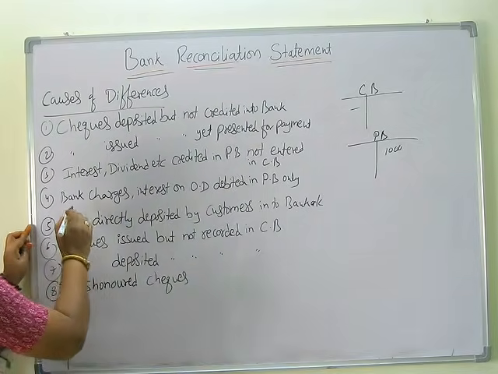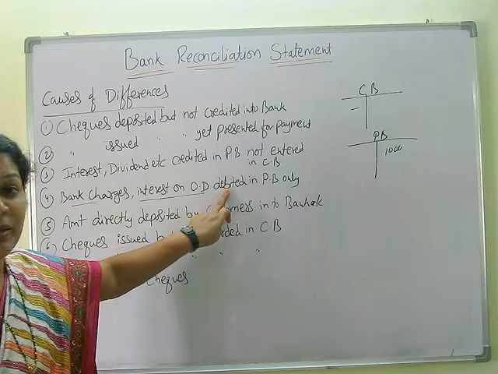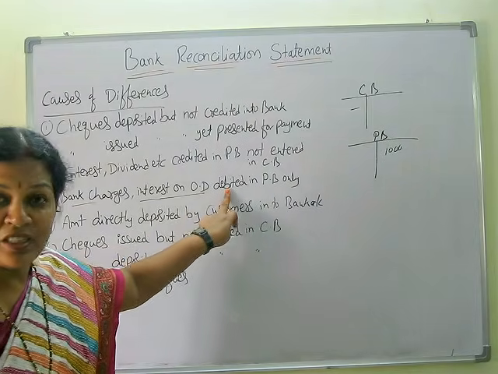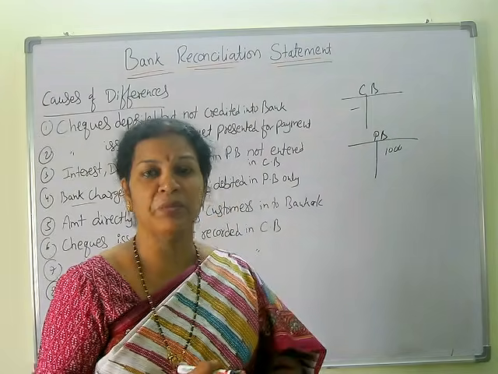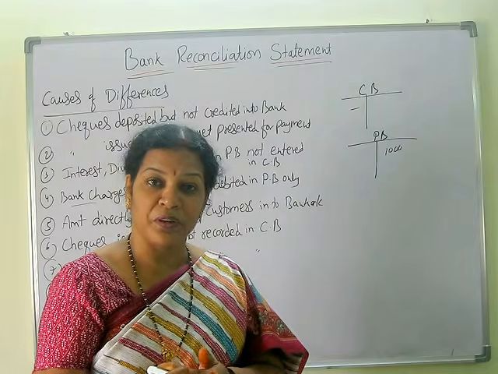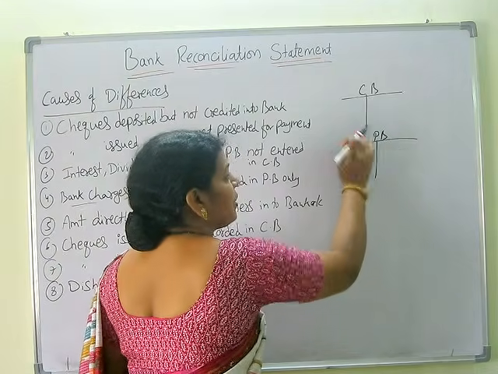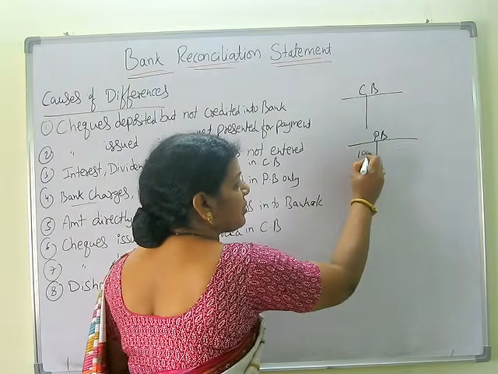Next one, bank charges or interest on overdraft debited in the passbook only. The bank is charging something, minimum charges will be there, or they are charging interest on overdraft also. Whenever they charge, that entry will be in the passbook, say 100 rupees.